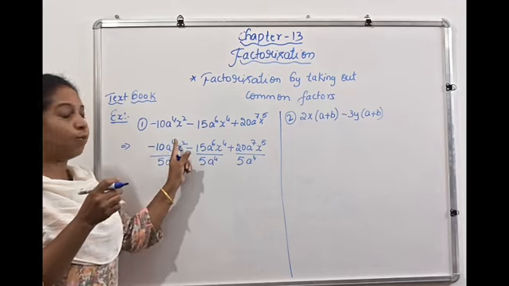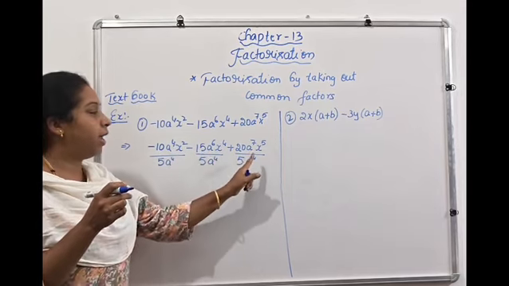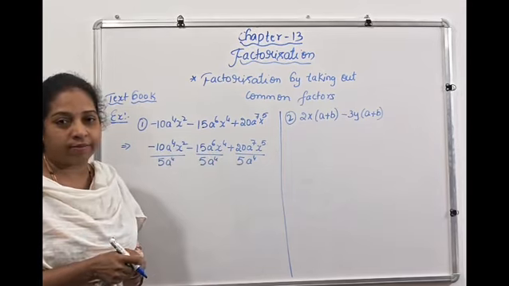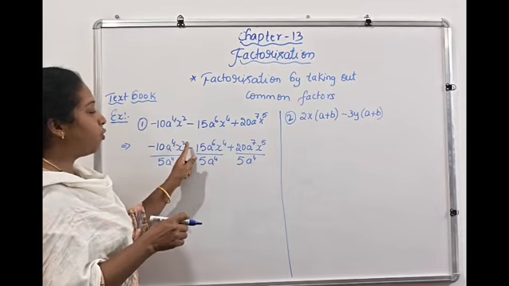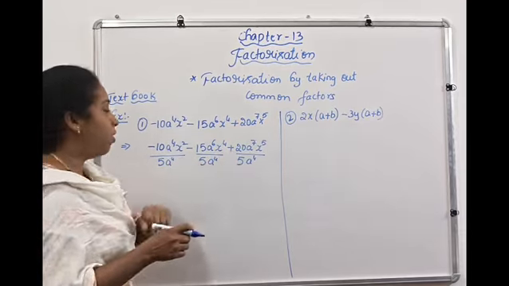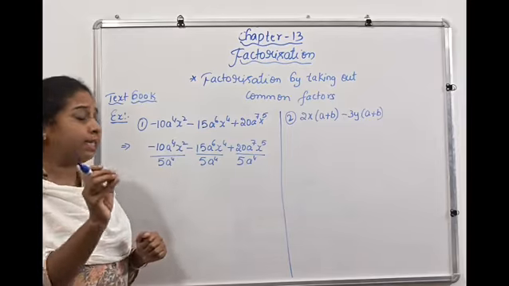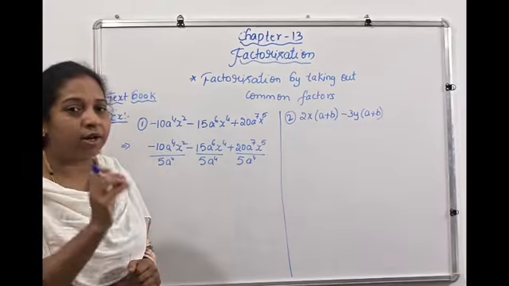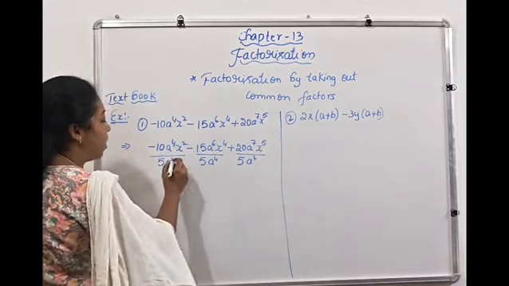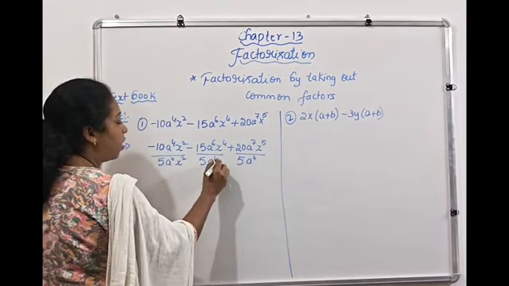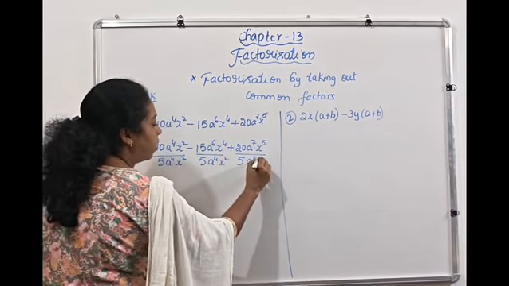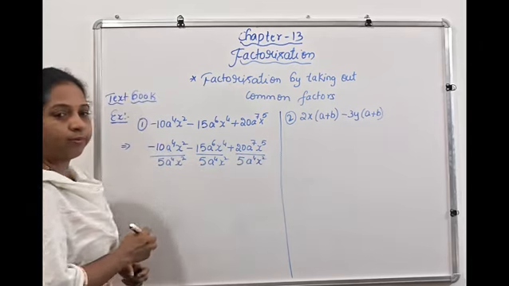Now x to the power of 2, x to the power of 4, x to the power of 5. Which is the smaller power? x square. So we'll divide by x square.